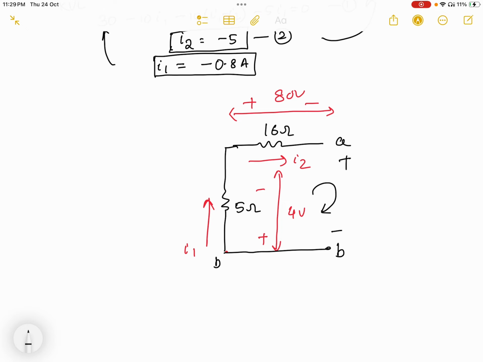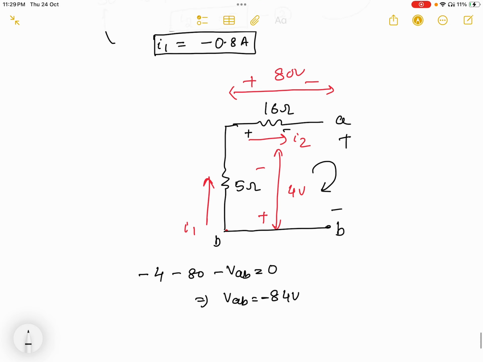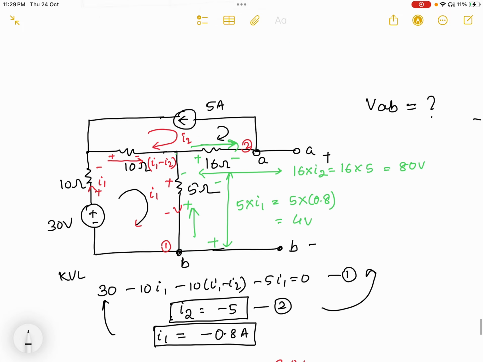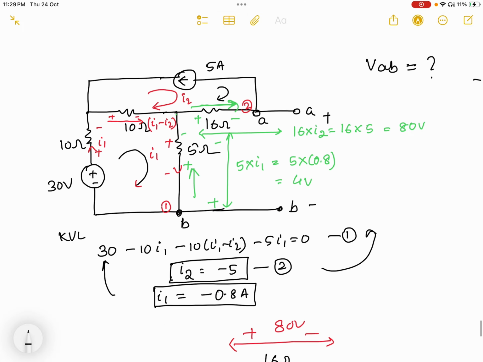I will go plus to minus, so there is a drop minus 4, then again plus to minus, this is minus 80, then again plus to minus, I will get VAB equal to 0, so I will get VAB equal to minus 84 volt. That means I will get V Thevenin equal to minus 84 volts. I got V Thevenin minus 84 volt, and I got previously R Thevenin equal to 20 ohm.